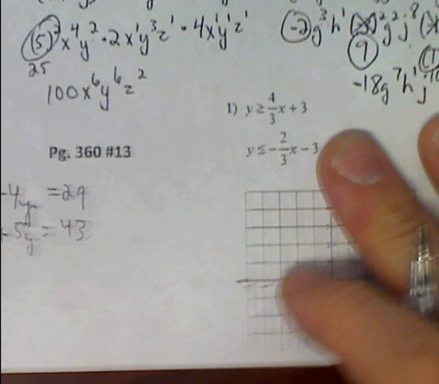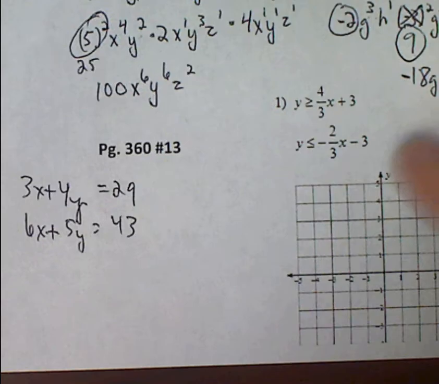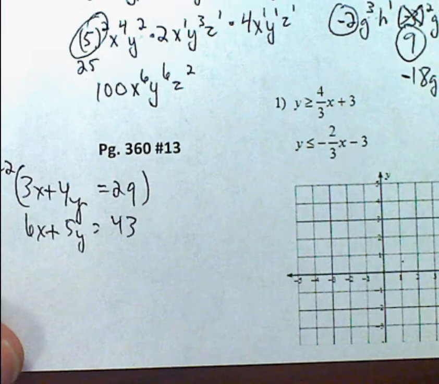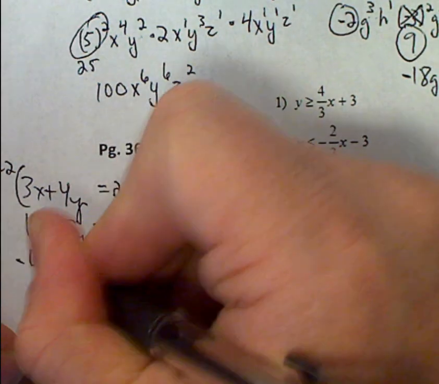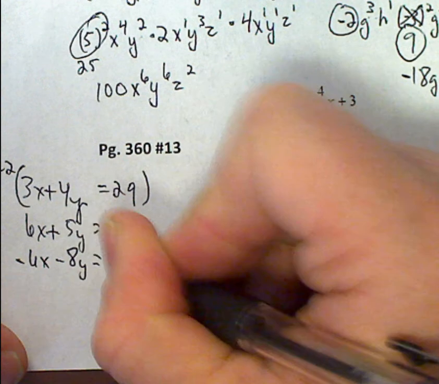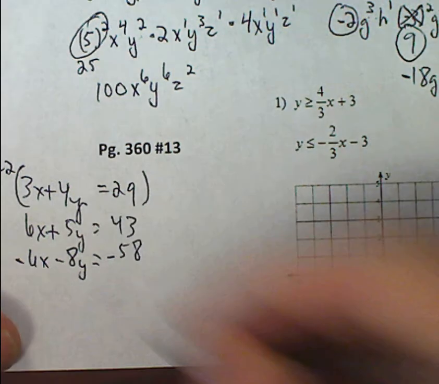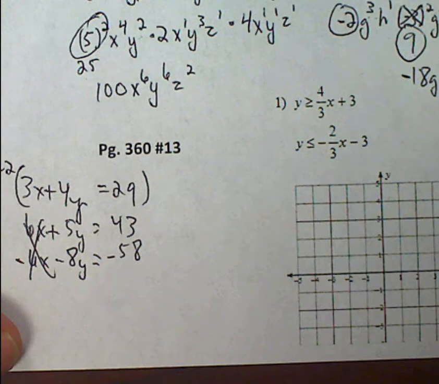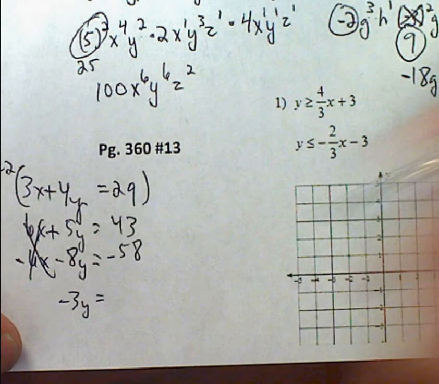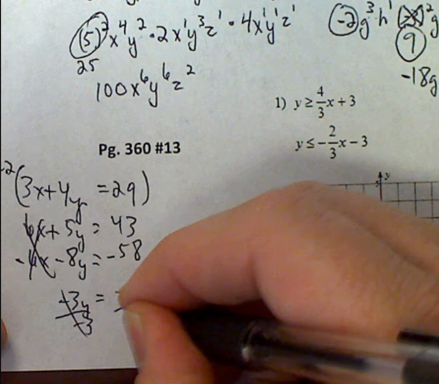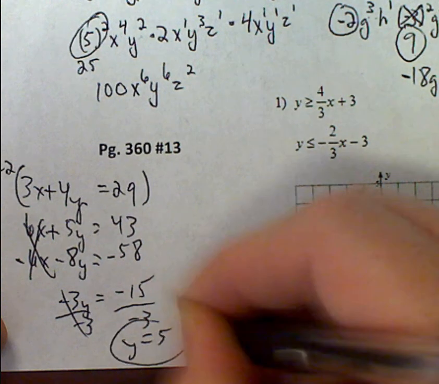They say use elimination. So if this is positive 6, I'm going to multiply this by negative 2 to get negative 6. Negative 6x minus 8y, negative 58. These must eliminate. That gives me negative 3y. This gives me negative 15. Divide by negative 3, I get y equals 5.